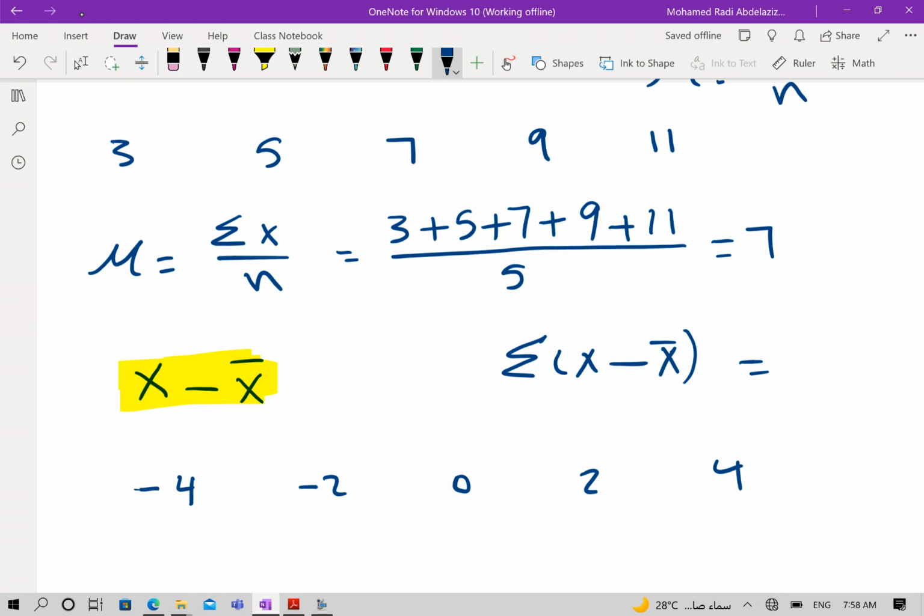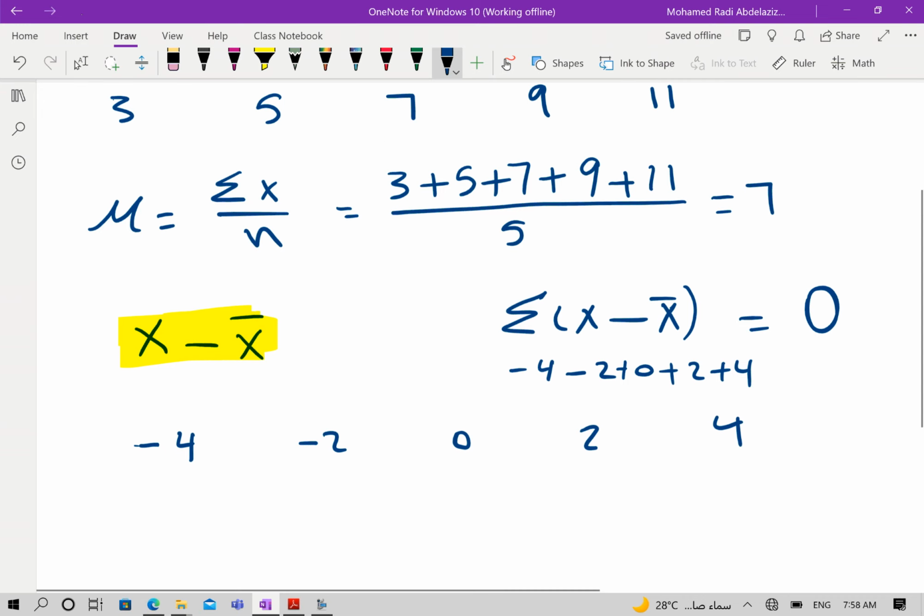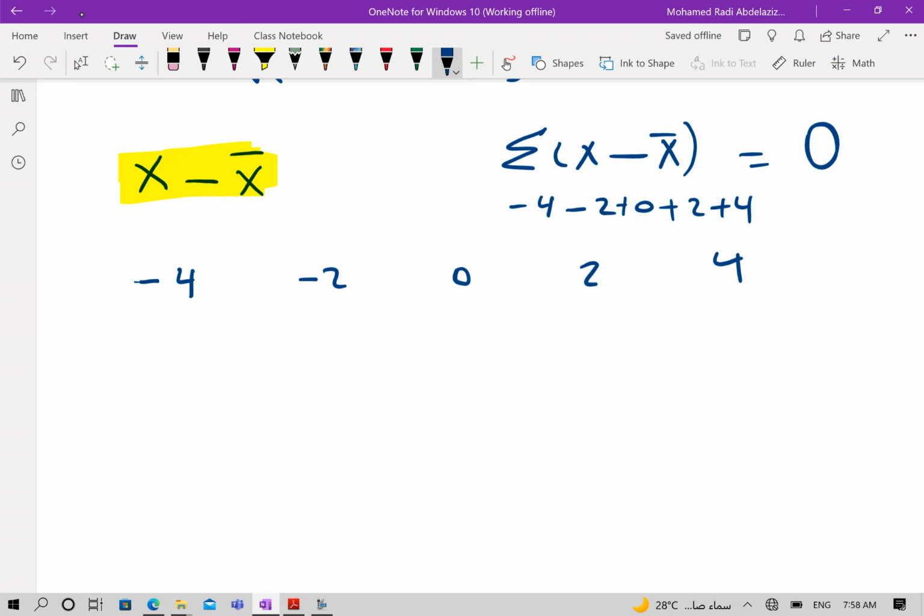The sum of x minus x bar for all these values, negative 4, negative 2, 0, 2, 4, will be 0. If you didn't get 0, you have a mistake in your calculation.